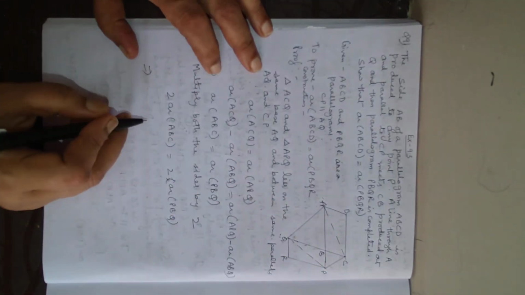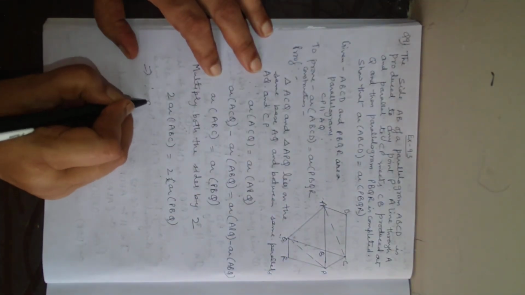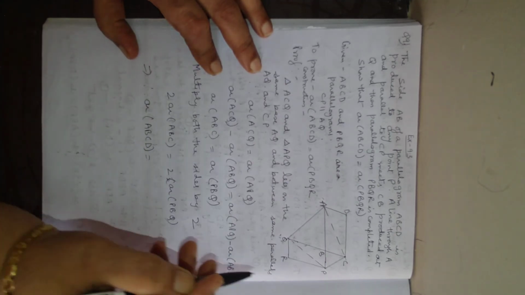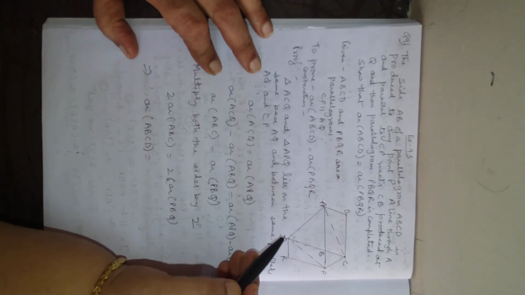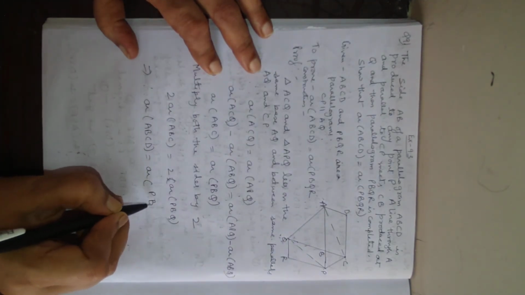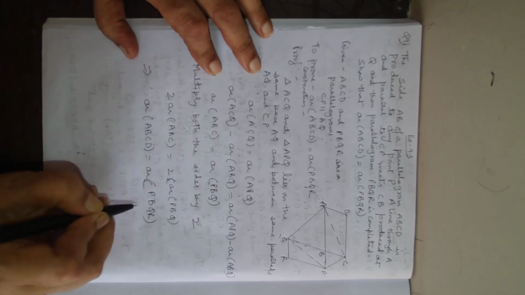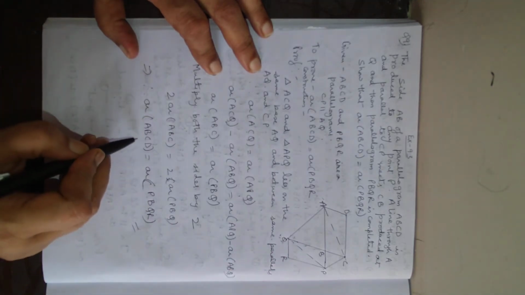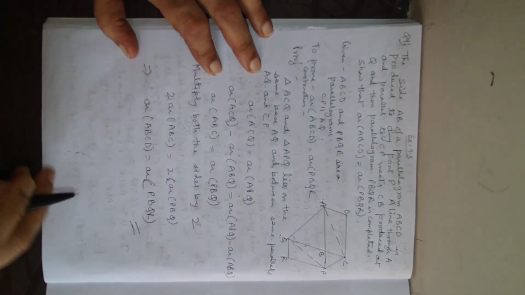ABCD. This implies area of ABCD, and twice the area of PBQ equals area of PBQR. So area of both the parallelograms are equal. This was to prove.